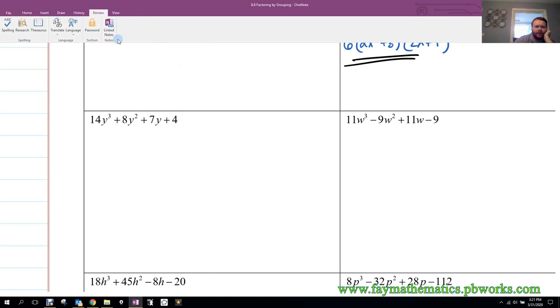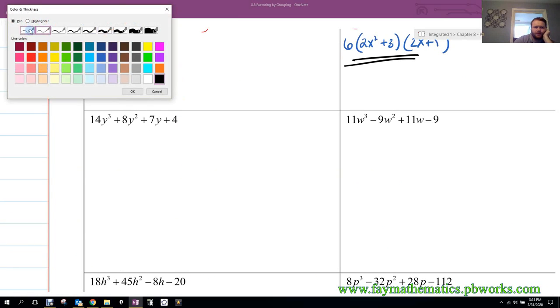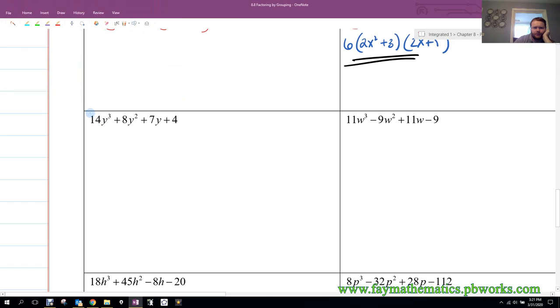Just keep working along here. Group these two, group those two. These both divide by a y squared and a 2. So it gives me 14y. Sorry, not 14y. 14 divided by 2 is 7. y cubed divided by y squared is y.